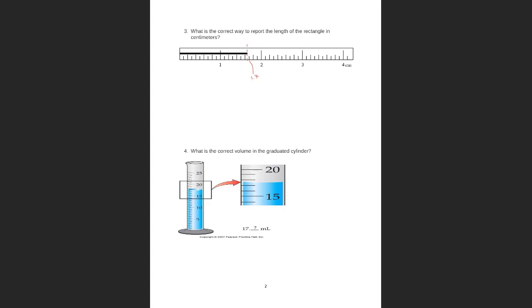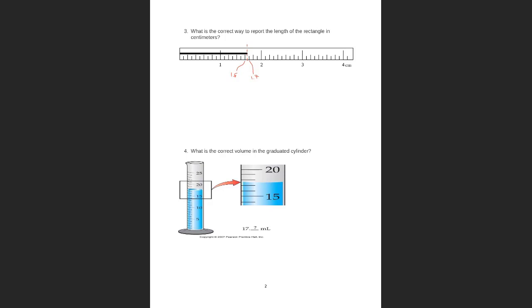And this number is 1.6, because I go 1, 1.1, 1.2, 1.3, 1.4, 1.5, 1.6. And this ends between 1.6 and 1.7.